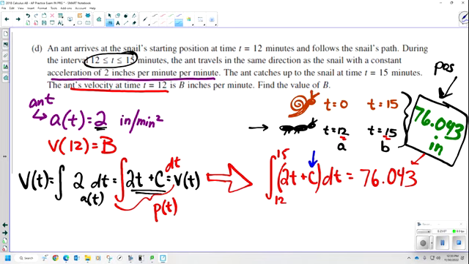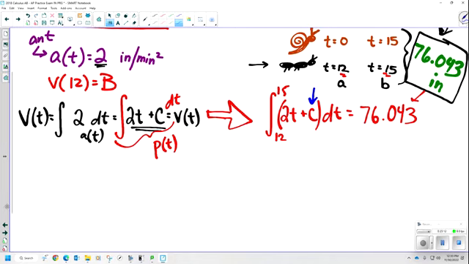So let's integrate what we have and get the position equation for the ant. This will become t squared, plus c times t, since integrating the constant gives the variable with it. So I get t squared plus ct, from 12 to 15, and whatever that is, it should equal 76.043.